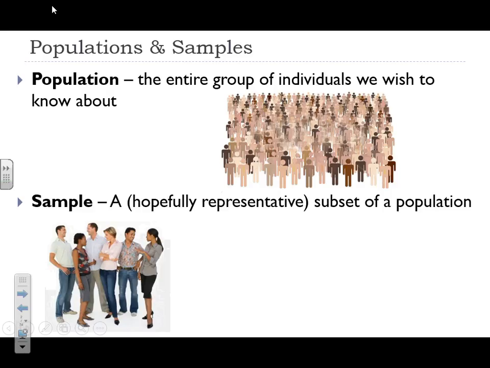Okay? So if I have both men and women in my population, I should have both men and women in my sample. If I don't, then I'm going to run into issues of maybe differing opinions based on gender or something like that. So my sample should basically be like a little miniaturized snapshot of my population.